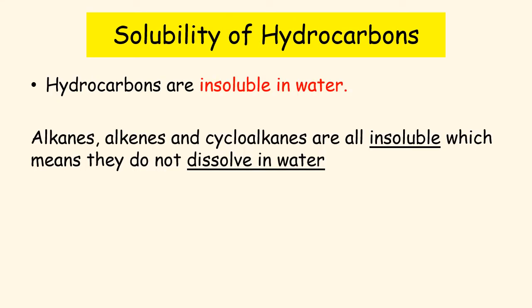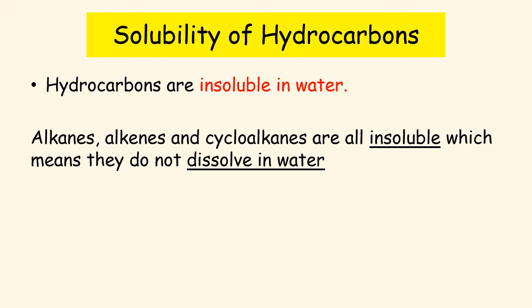So what we're going to move on to next is just looking at some of the chemistry and some of the words specifically used to describe all types of hydrocarbon. So the first thing we need to know about hydrocarbons is that they are insoluble in water. Alkanes, alkenes, and cycloalkanes are insoluble in water, which means that they do not dissolve.